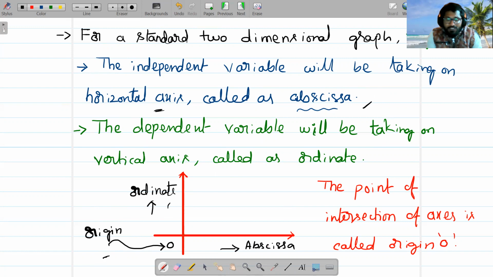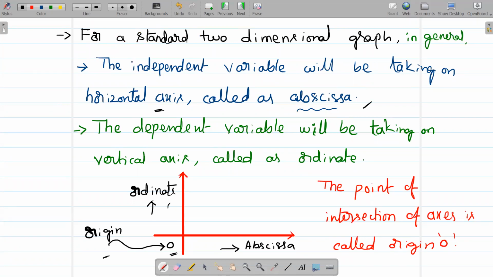The point of intersection of these two axes is called the origin. Is it clear? This is just a brief idea about a few terminologies.